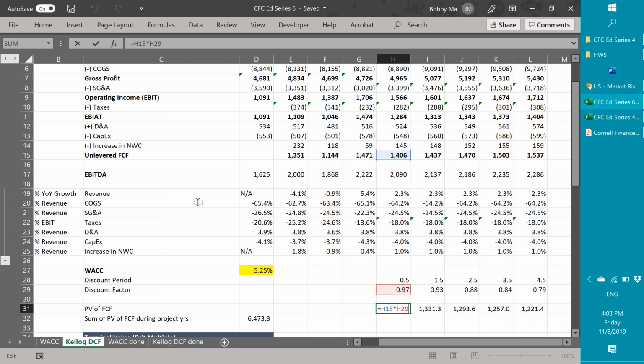Therefore, when you do 1406 times 0.97, we're going to get the present value of the free cash flow for that year. Does this make sense to people?